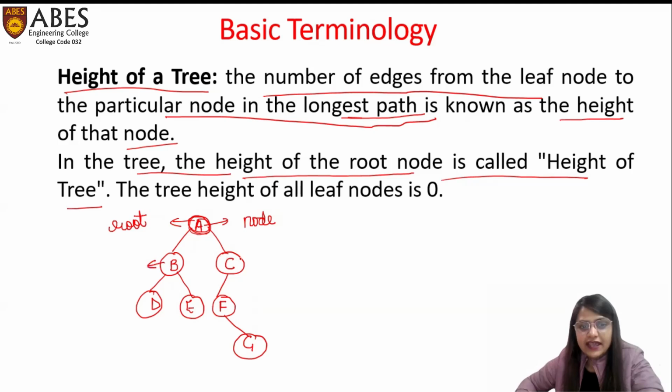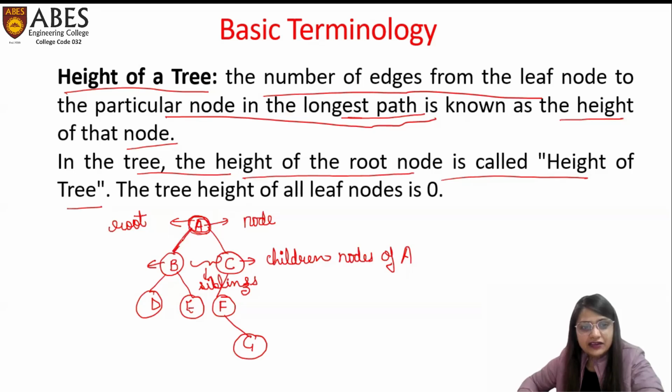B and C will represent the children of root node A. These will be the children nodes of A. These B and C will be siblings to each other.